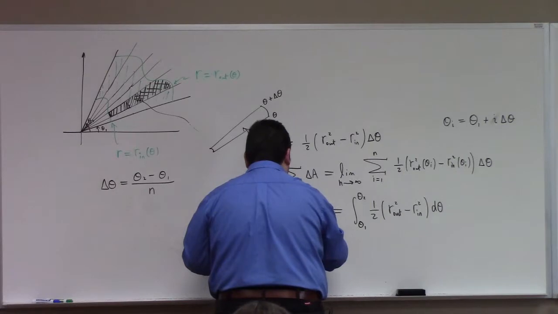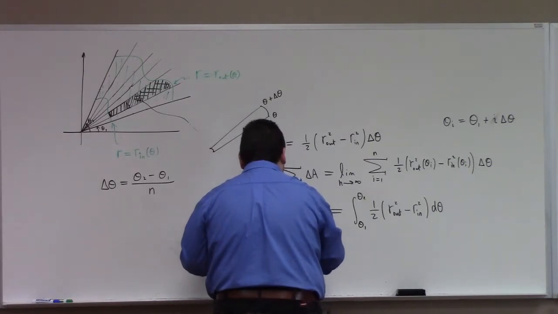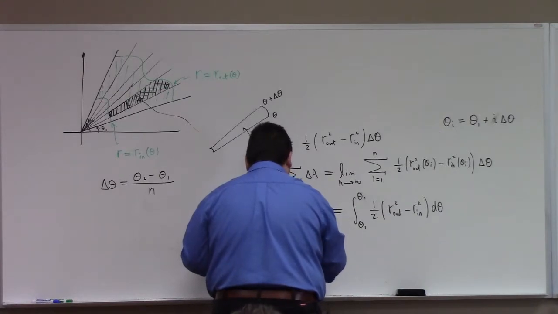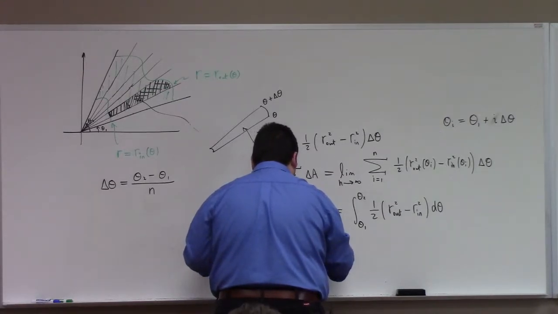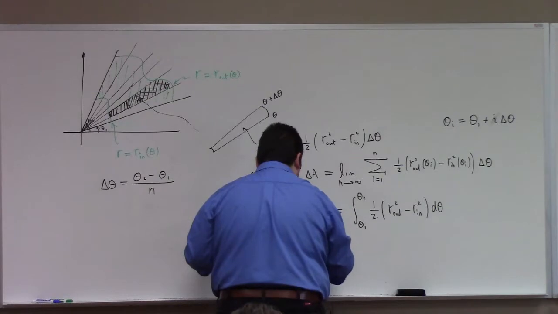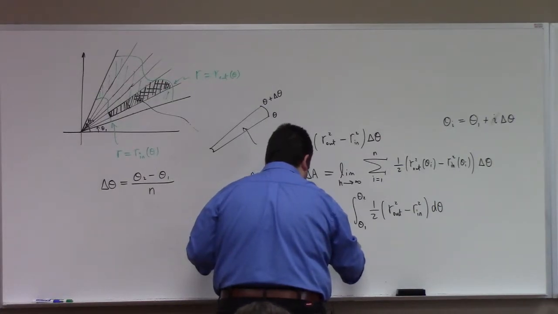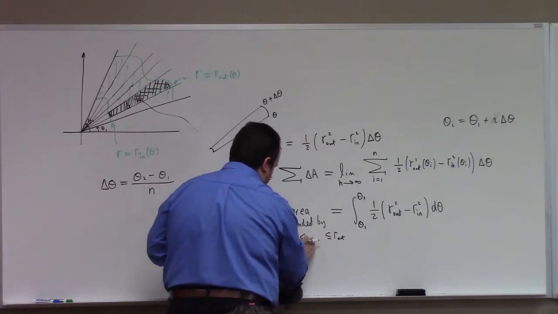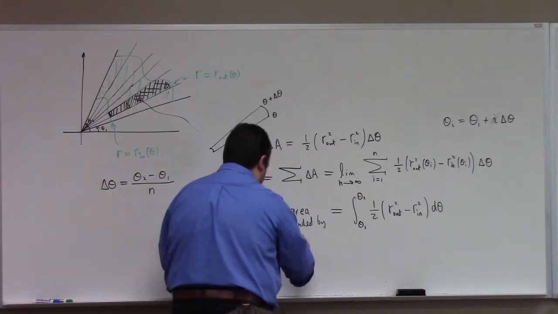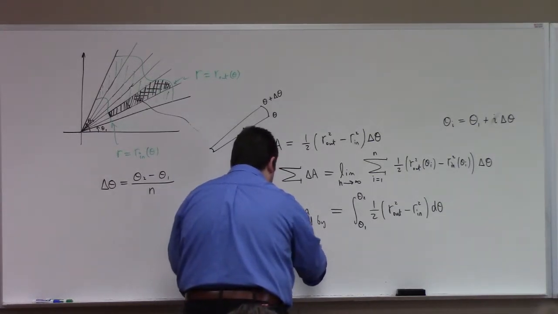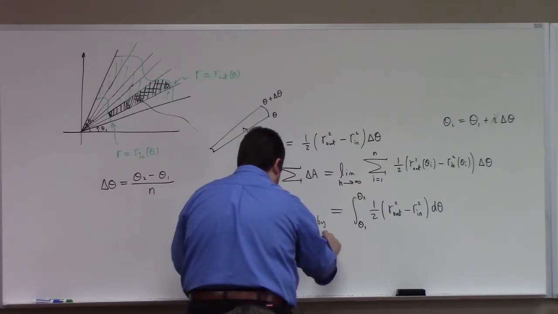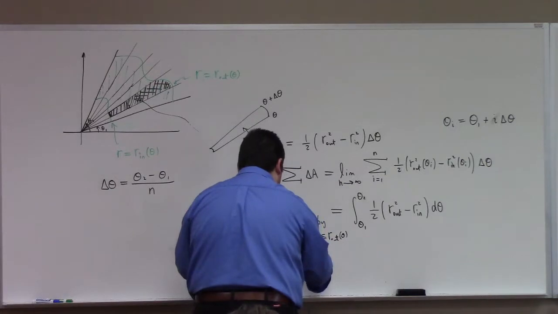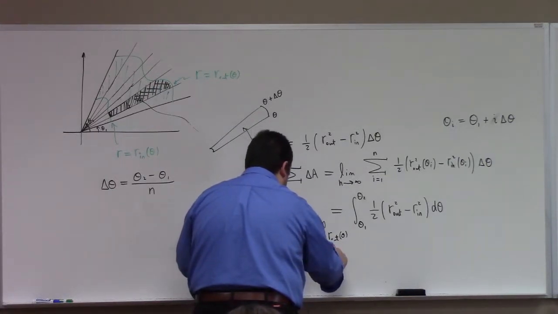Area bounded by R in of theta less than or equal to R less than or equal to R out, which is a function of theta, and theta 1 less than or equal to theta less than or equal to theta 2.